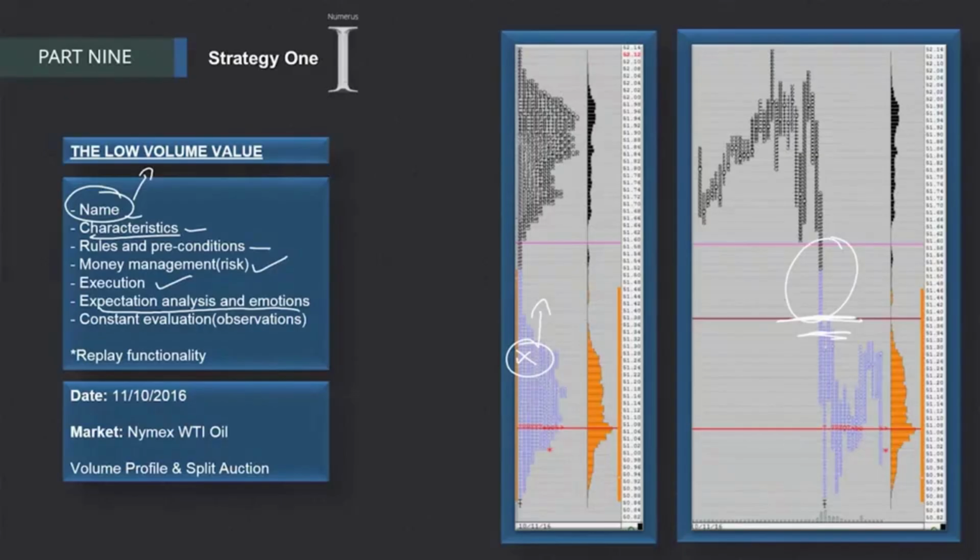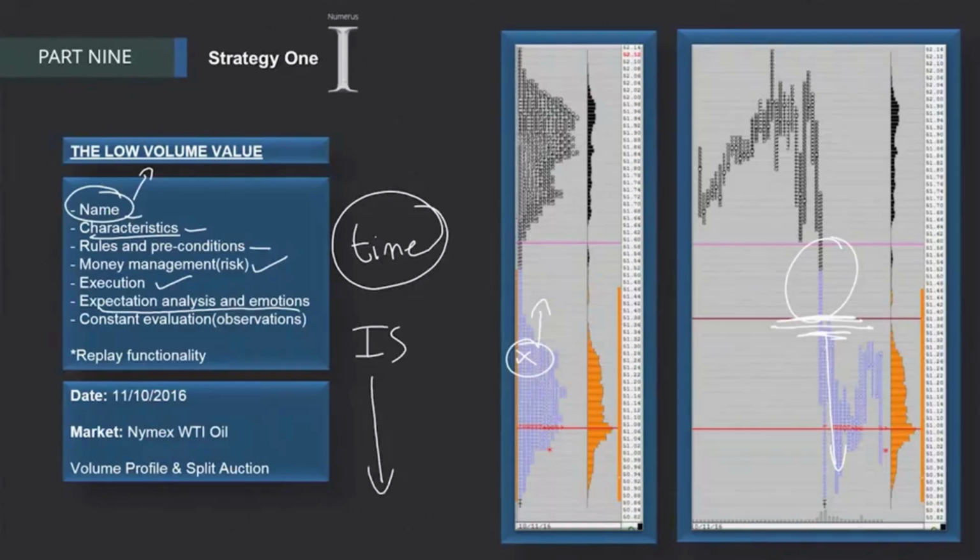And then in terms of some of the key expectations, well, time is a very important expectation in this, because once we enter on that first pullback, we expect the market to relatively easily auction lower. Why? Because firstly, we get the initiative sell-off move. We then get a first pullback, and we should see some responsive sellers step in pretty aggressively and move the market lower.